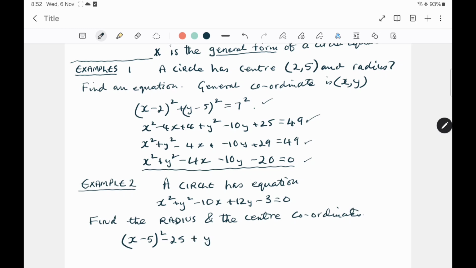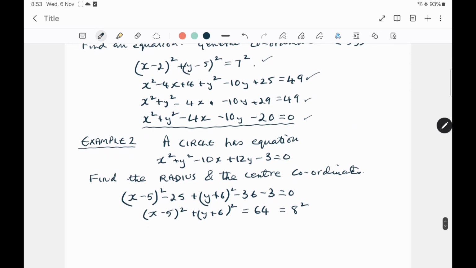Plus (y plus 6) all squared, but you have to pay back 36, and then the minus 3 equals 0, and so we then get (x minus 5) squared plus (y plus 6) squared equals 25 plus 3, 28, plus 36 is 64, which is 8 squared.